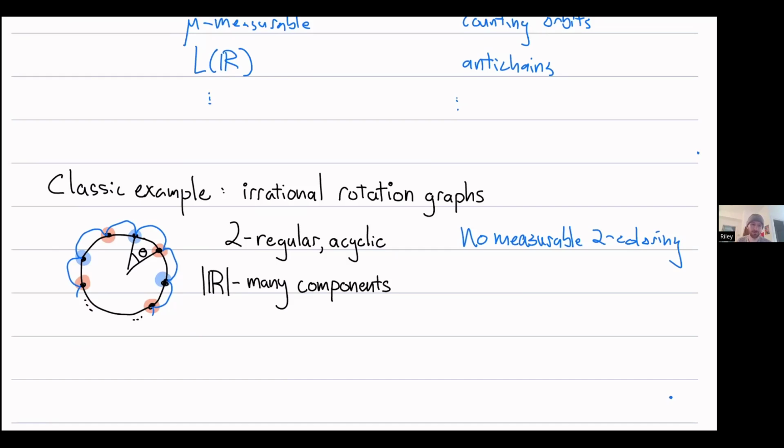So if you start moving around inside of one color class, you're going to hit another color. It's a sort of contradiction. Right, and so not measurable, so certainly not going to be any Borel coloring.